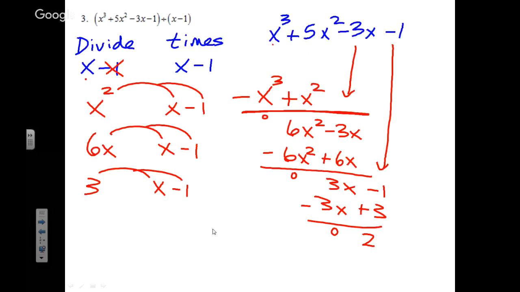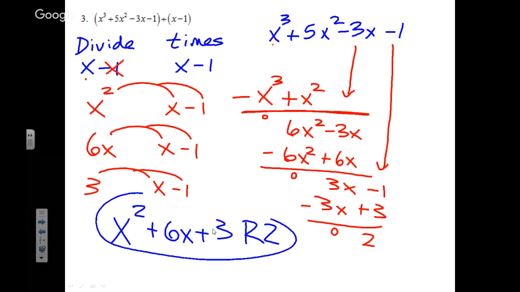Okay? So I'm going to write down the answer, and you tell me what it says. So we know that this column over here is the answer. X squared plus 6x plus 3, that's that left divide side.